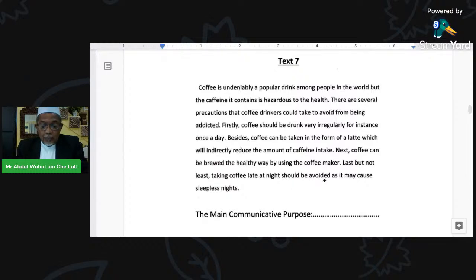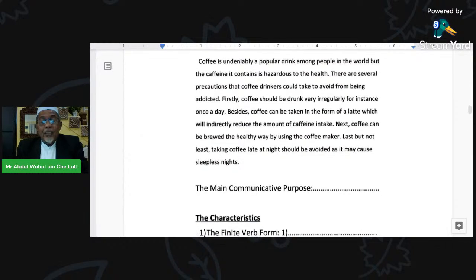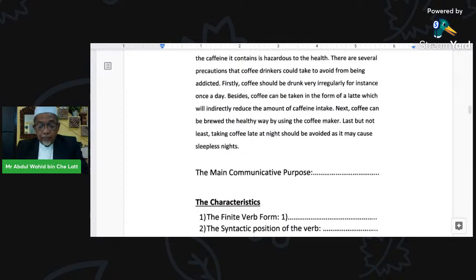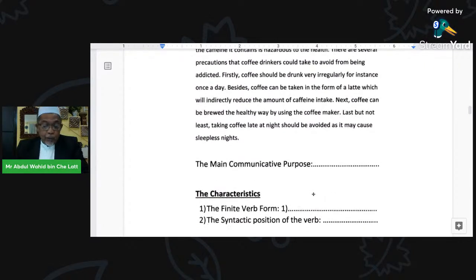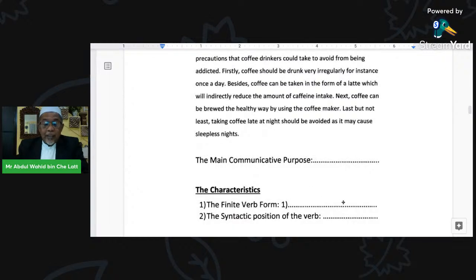Okay, for the main communicative purpose, you write argumentation. For the characteristic of the finite verb form, you can write modal. So we have the modals should, can, will, can, and should. Modal plus dot, dot, dot.